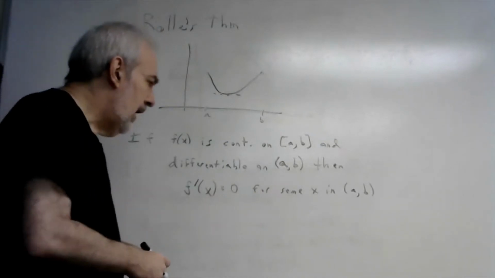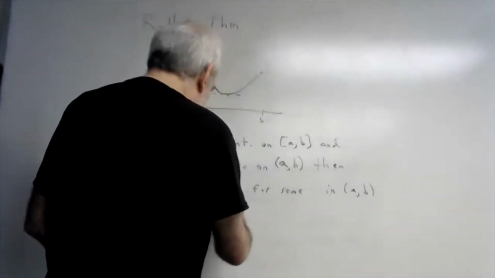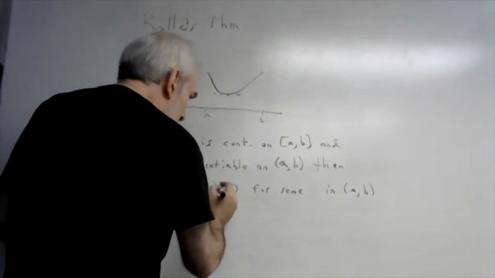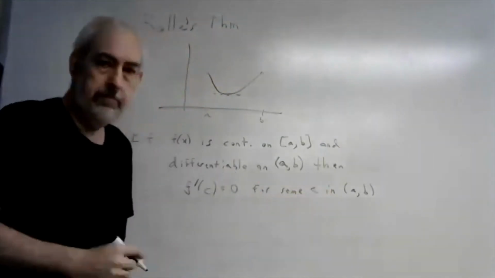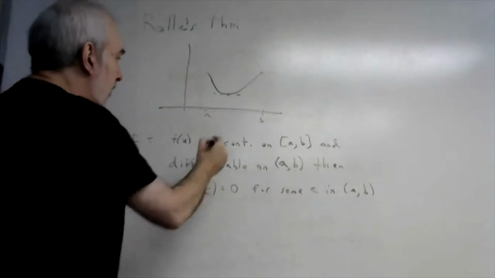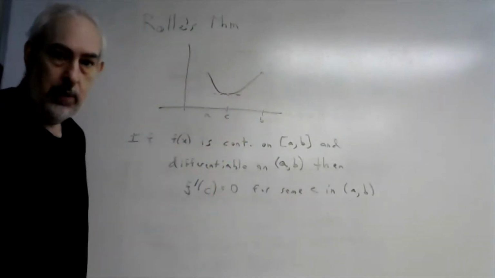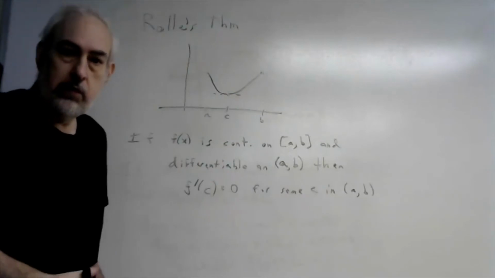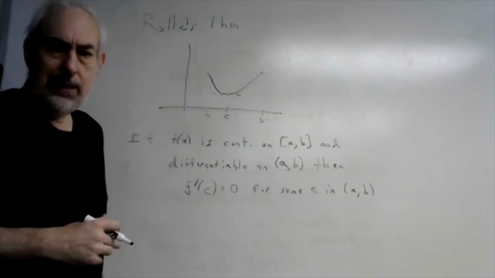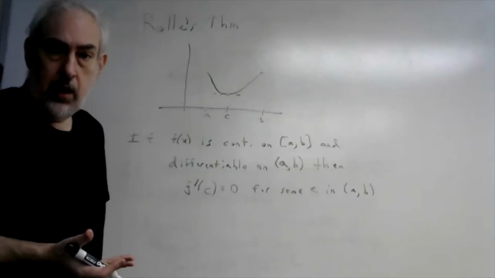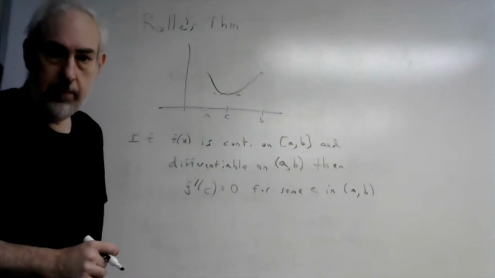Yeah, maybe I should write it that way with the letter c, because that's the way most textbooks explain it. So like in this graph, this would be the value of c, where the slope is 0 at that point. Okay, so this is Rolle's theorem. Let's do an example of applying Rolle's theorem to some problem.